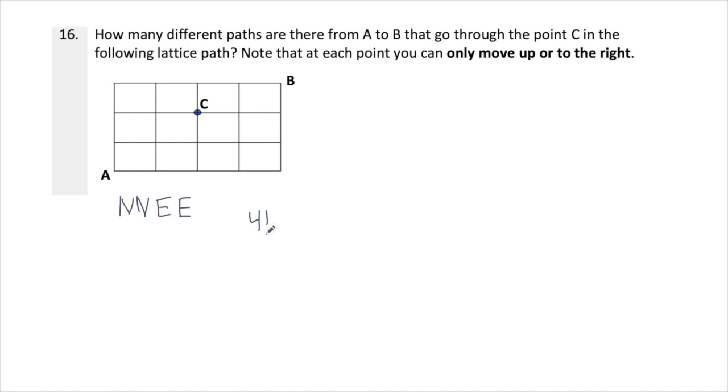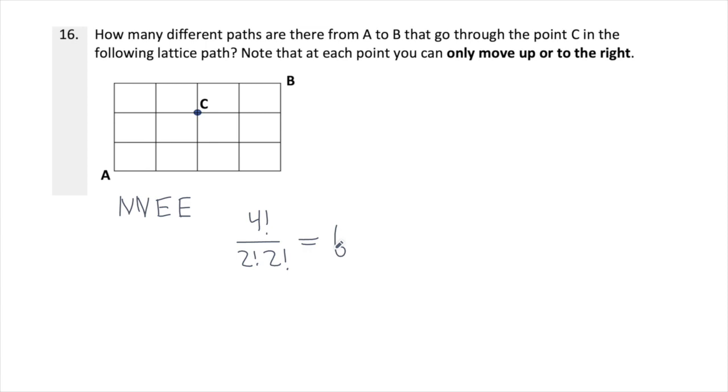Since the N's and E's are identical to each other, we have to divide the total combinations by the number of ways the N's and E's can be arranged in order to remove the repeated combinations. 2 N's and 2 E's can be arranged in 2 factorial and 2 factorial ways respectively. So we have to divide 4 factorial by 2 factorial and 2 factorial. And this would give us 6.